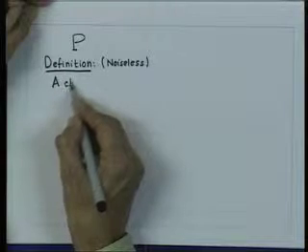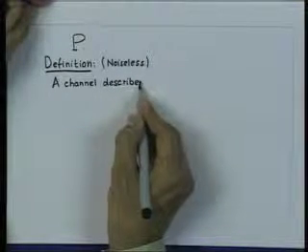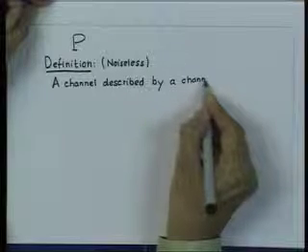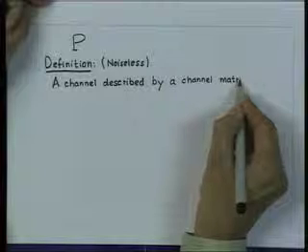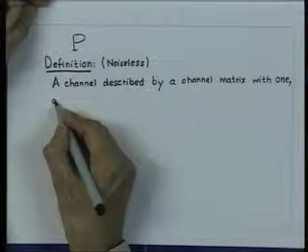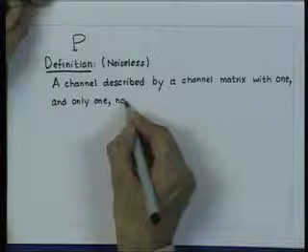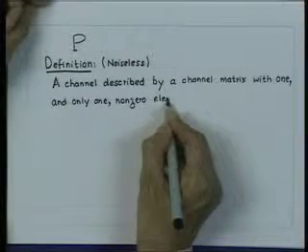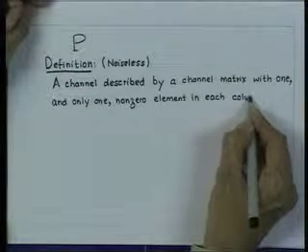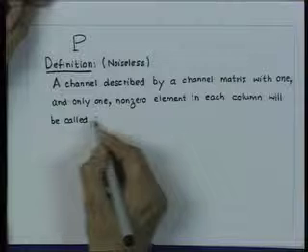A channel described by a channel matrix P with one and only one non-zero element in each column will be called a noiseless channel.